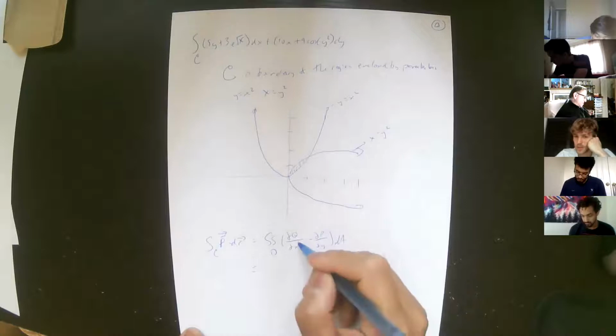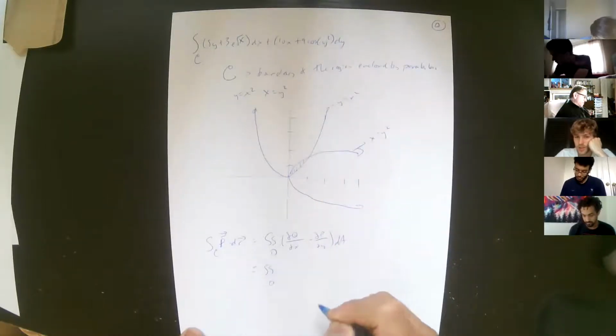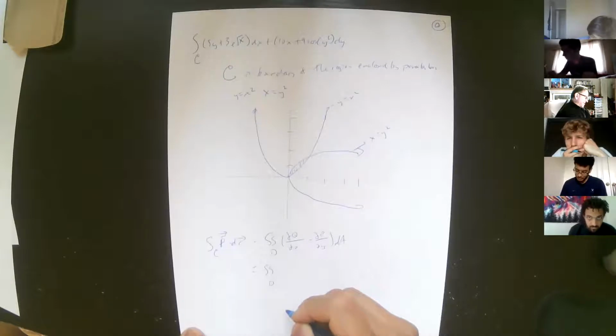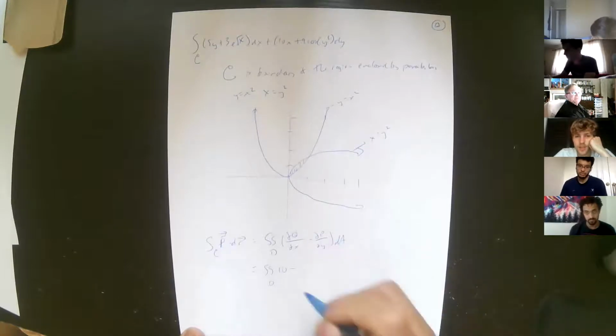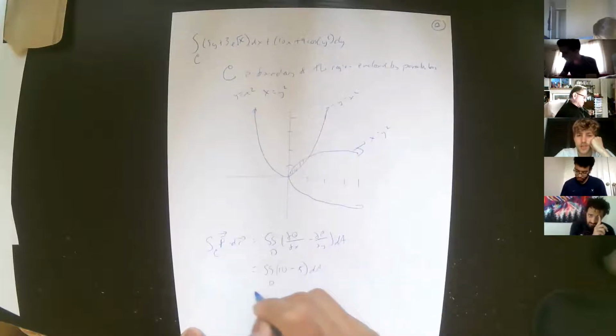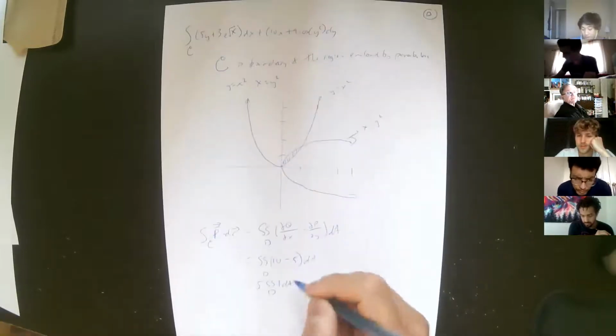So this is the derivative of this with respect to x, which is just 10, minus this derivative with respect to y, 5. It's 5 dA. So this is just 5 times the area of this region, right?